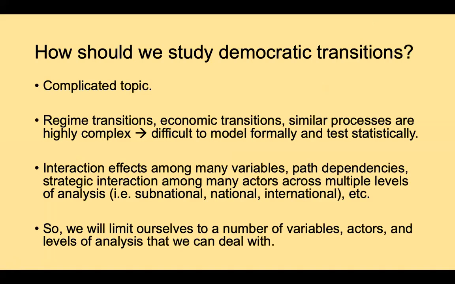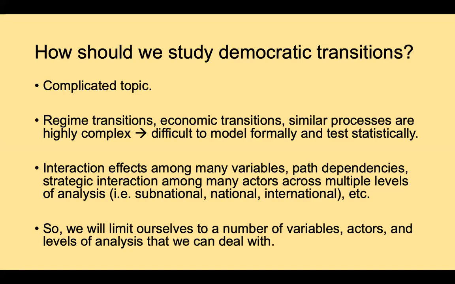The truth is that there may be few processes in politics and in comparative politics that are as complicated in terms of the number of actors involved, the levels of analysis, the various interests that intersect or conflict, all of the different actors at the different levels of analysis. Regime transitions like democratic transitions, economic transitions like transitions from capitalism to socialism or vice versa, these processes are really complex. They're difficult to model formally and they're difficult to test statistically.